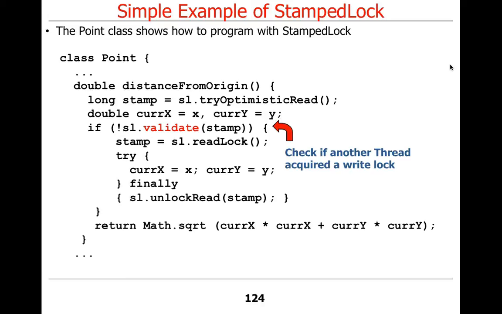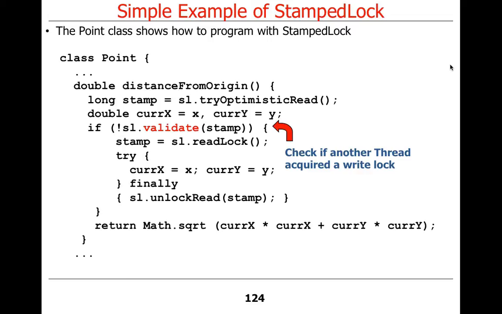But the point is that we're going to assume that if validate succeeds, we're basically done. Nobody came along and updated this stuff, so we can use those values and not have to worry that they were corrupted. However, if validate returns false, that could mean that someone's come along and changed x and y while we were in the process of reading from them, which means that their values may be entirely garbage.